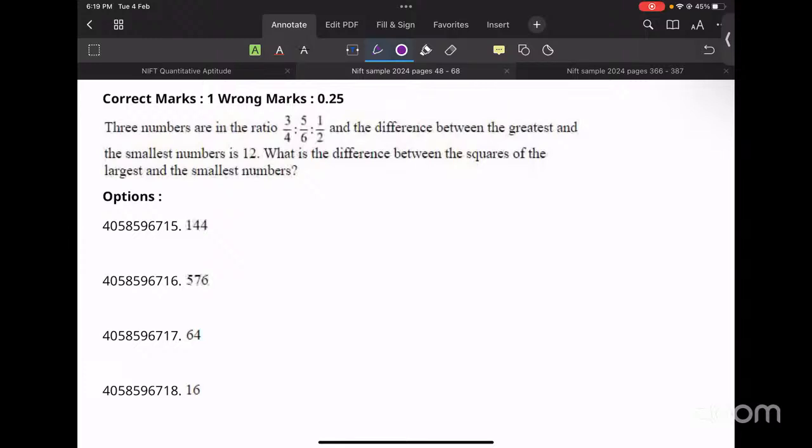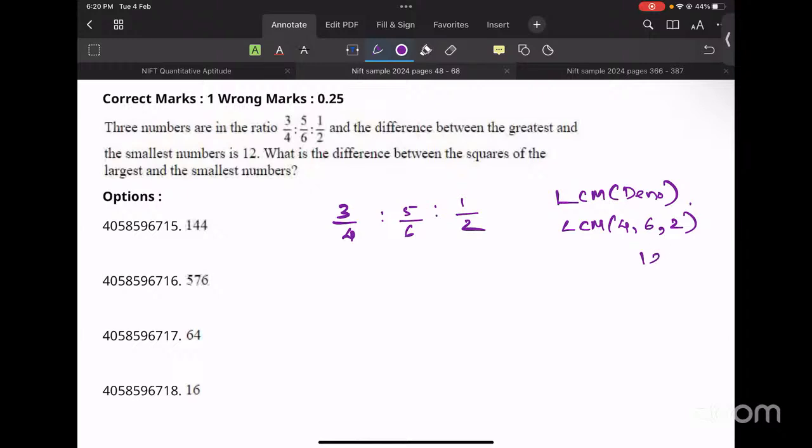Three numbers are in the ratio. First of all, we need to know how to convert fractions into whole number ratios, how to convert them into integers. Here 3/4, 5/6, 1/2. Take the LCM of the denominators. LCM of 4, 6 and 2 is equal to 12.